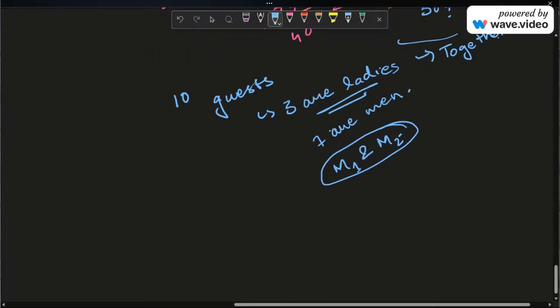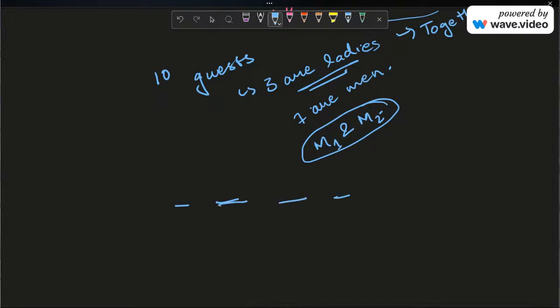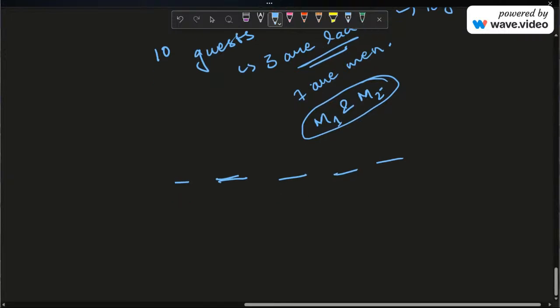So firstly, let's arrange the 5 other men. There are 5 factorial ways to do that.